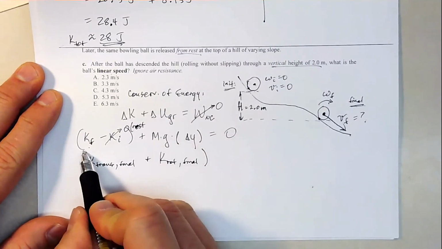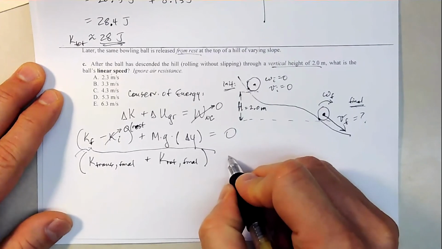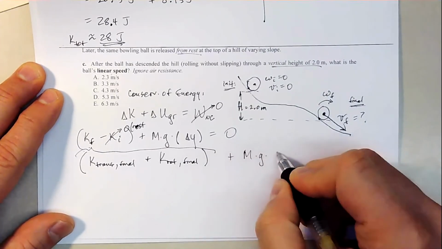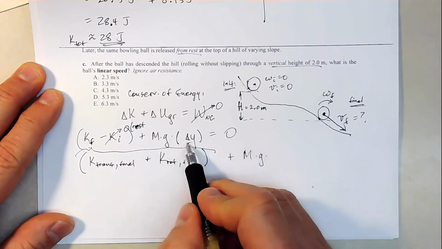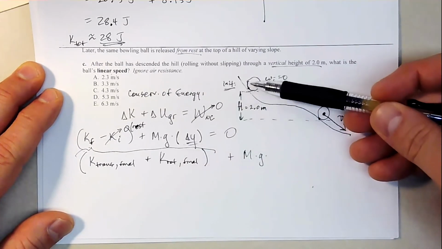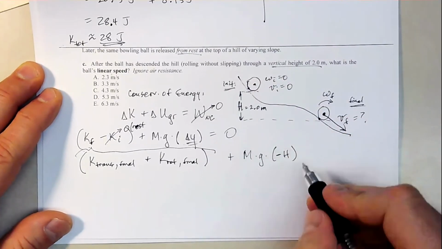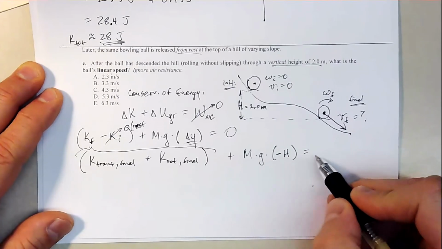So that all goes into that term right there. And then the change in height, Y final minus Y initial. Final is below initial. So therefore, that's going to be equal to negative 2 meters. So negative times negative h.